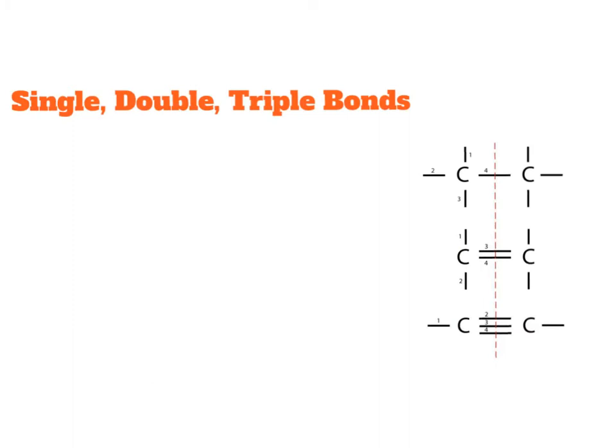Okay. Quick note that things can form multiple bonds between the 2 same atoms. So in this picture, we've got just 1 line, and we would refer to that as a single bond. In this picture, this bond is a double bond.